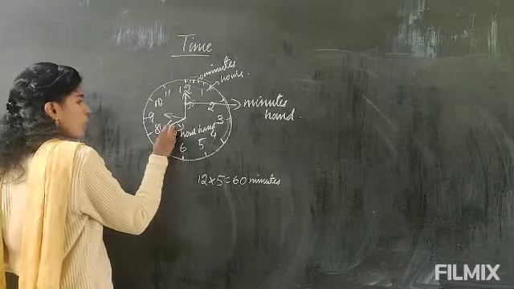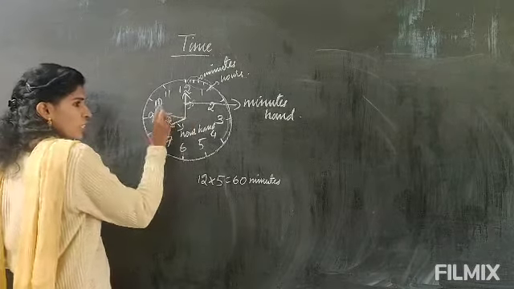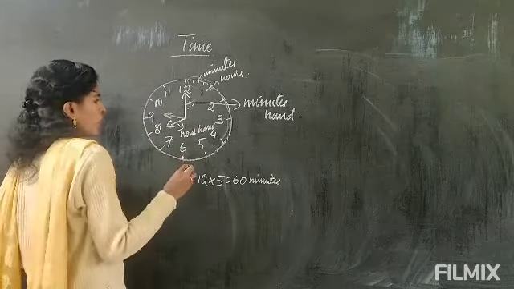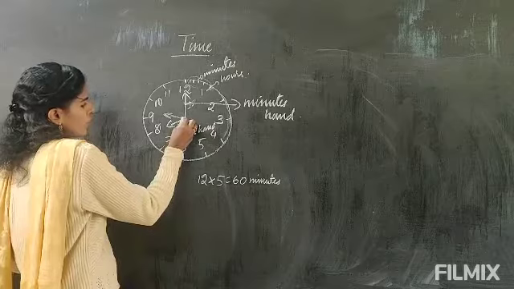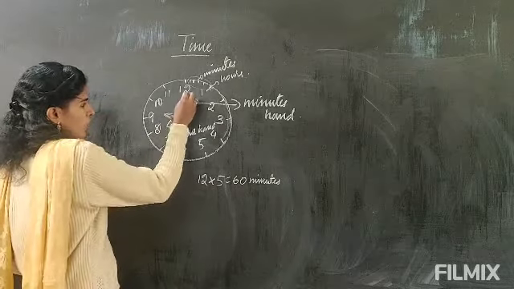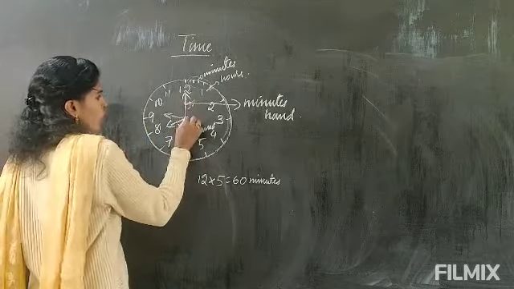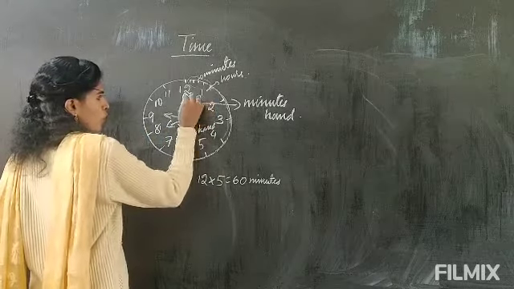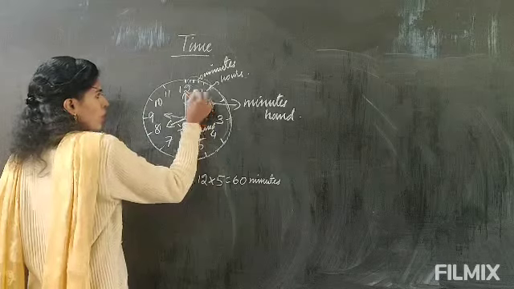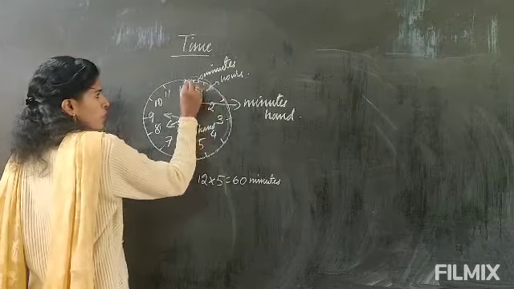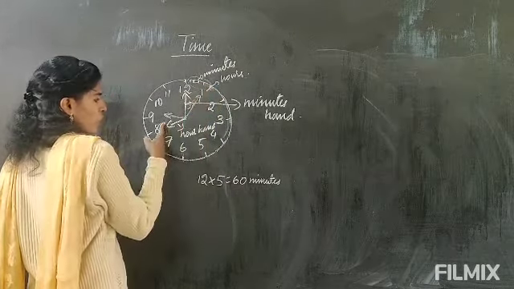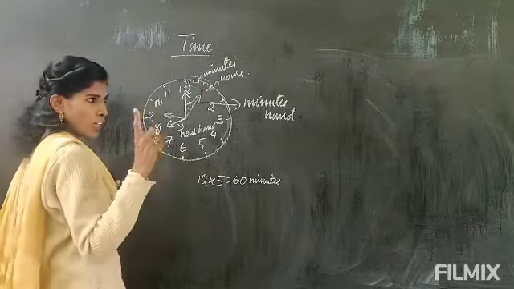So from one number to another number, it is passing 1 hour. Now let's see the minute hand. From one number to another number, it moves 5 minutes, but the hour hand moves only 1 hour.